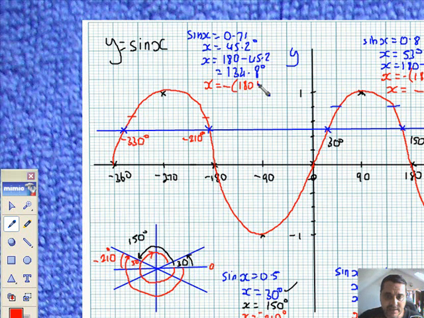So I've got 180 plus the 45.2 and put a minus in front of it: 225.2, but it's negative because I've gone all the way around this way beyond the 180 by an extra 45.2 degrees.